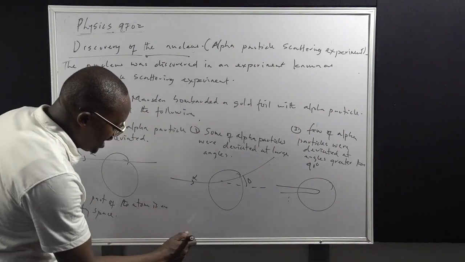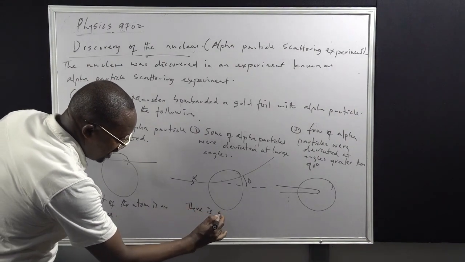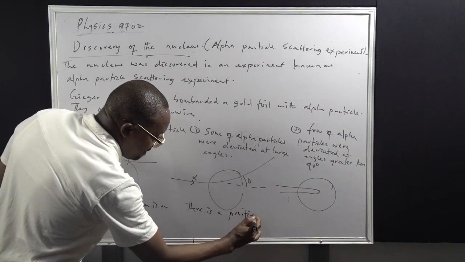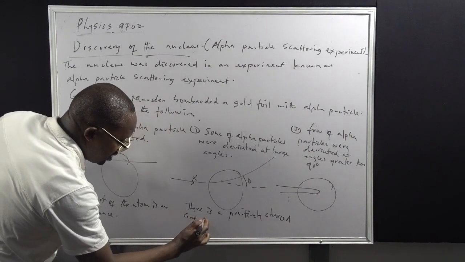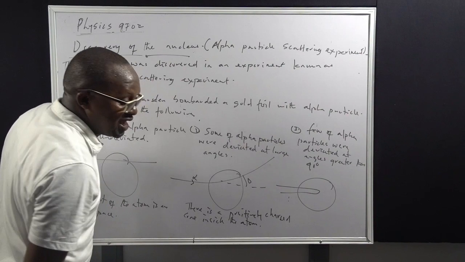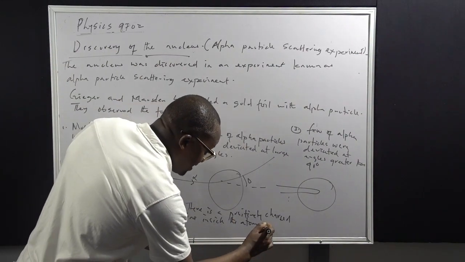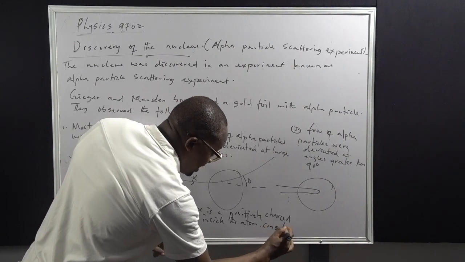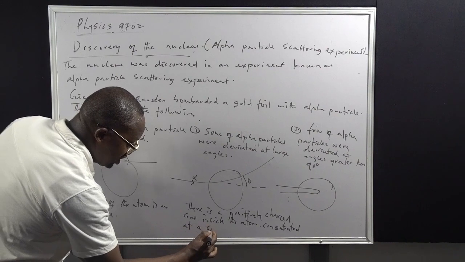So this one shows that there is a positively charged core inside the atom. That is what this one is showing. There's a positively charged core inside the atom, concentrated at a single position, at a single point.